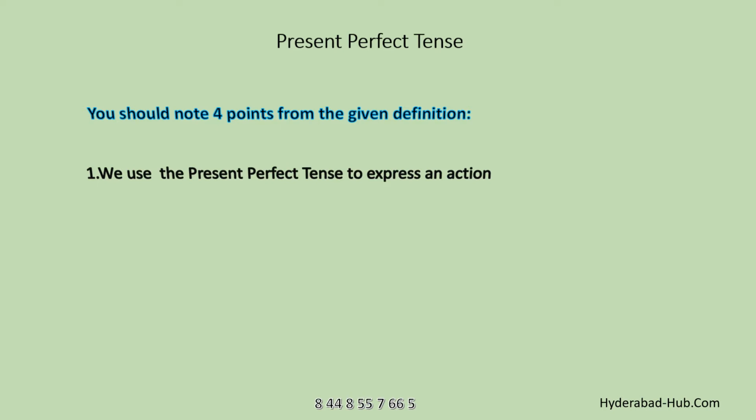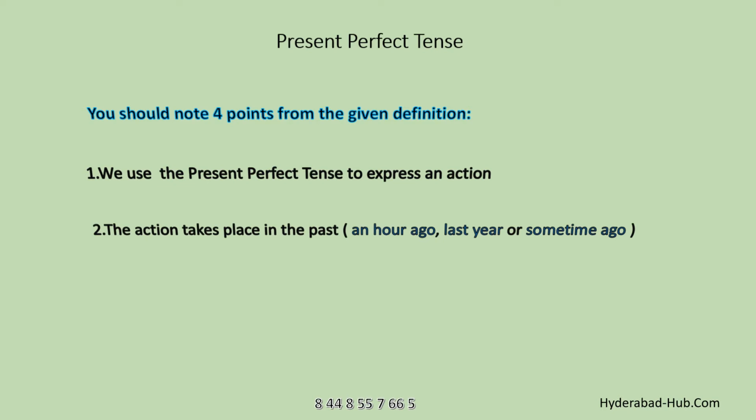You should note 4 points from the given definition. 1. We use the present perfect tense to express a significant action. 2. The action takes place in the past, maybe an hour ago, or last year, or some time ago. 3.